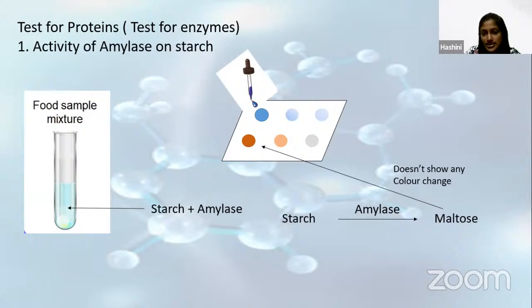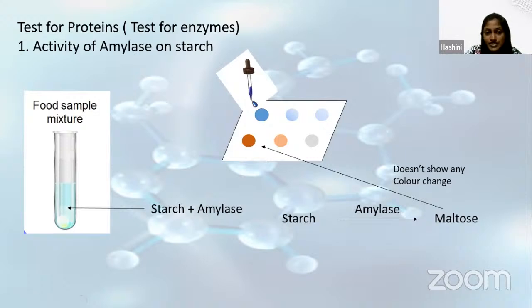So finally, what is in the test tube? What is present? It is maltose, not the starch. At first the starch is present. Therefore, when we add iodine, it will give a blue color, right?